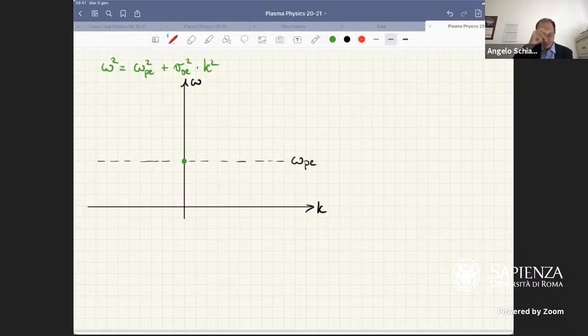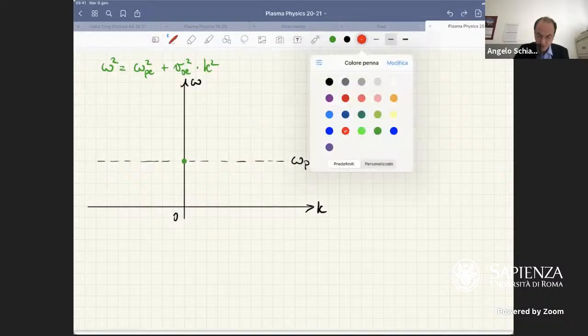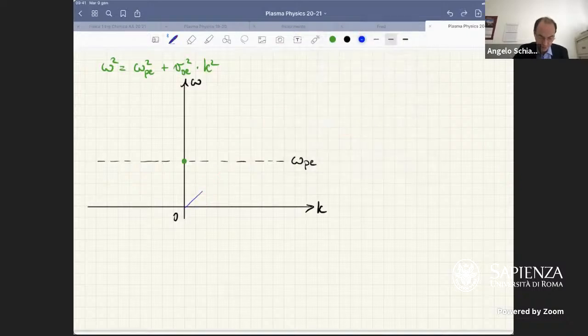It's parabolic at the origin, so for k equals 0, and then tends asymptotically to a linear function. So we have the asymptotes here. Let's draw them like, I remember it was blue for the progressive wave. Okay, let's have it a very thin line.